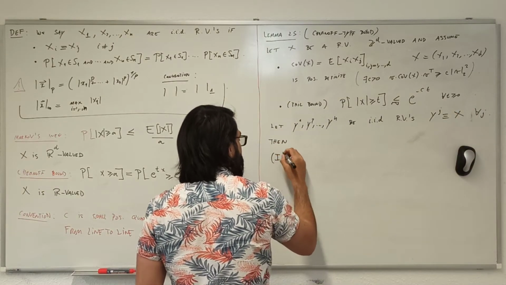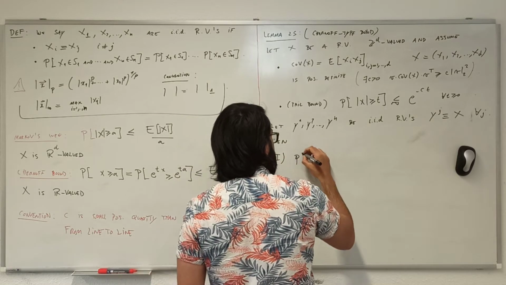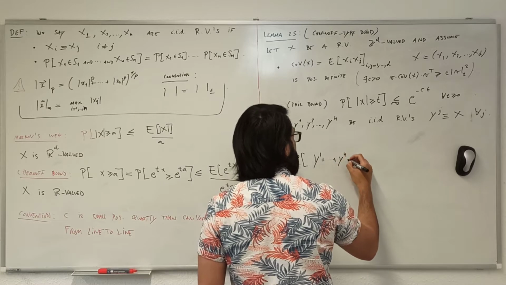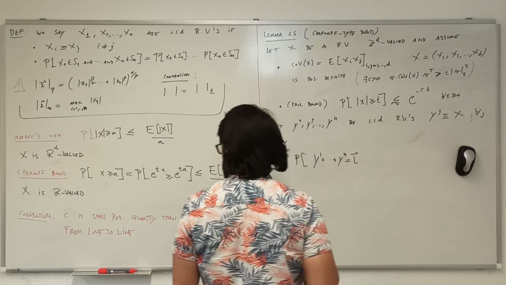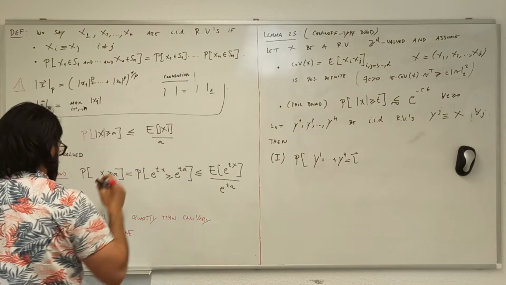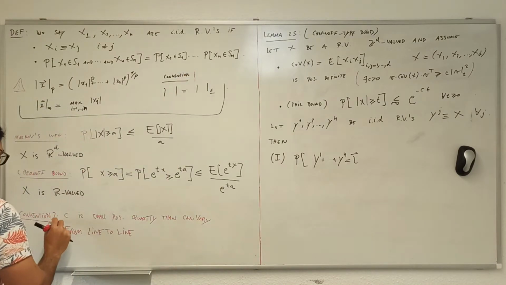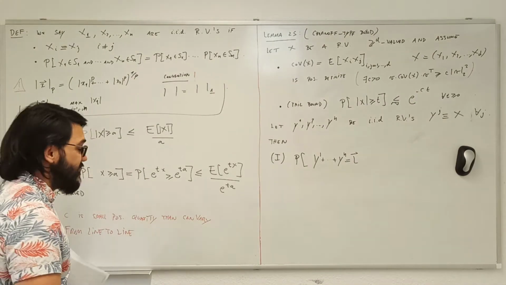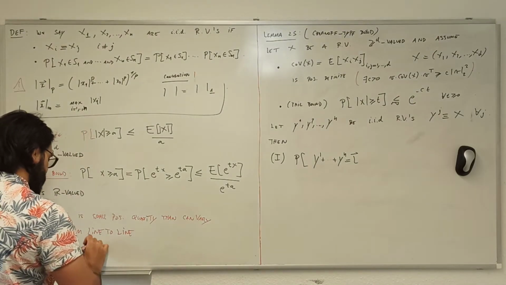Then bound 1 is the probability that the sum equals some vector L. So maybe that was convention 1, and that's convention 2. Let me put here convention 3. I will try as much as I can to use arrows for vectors.